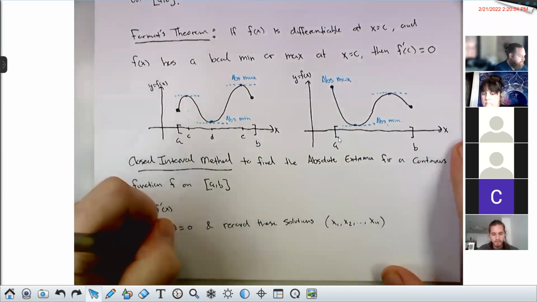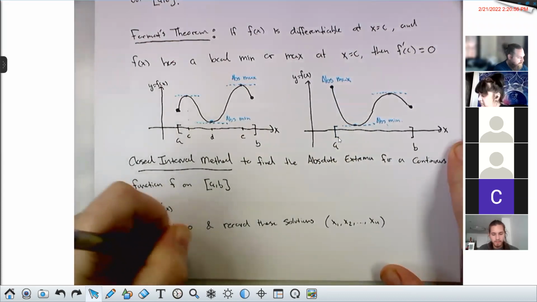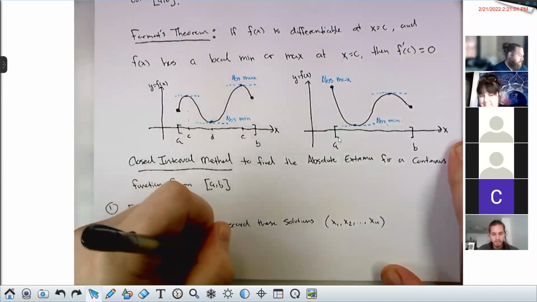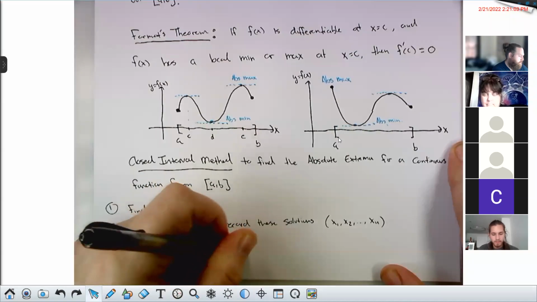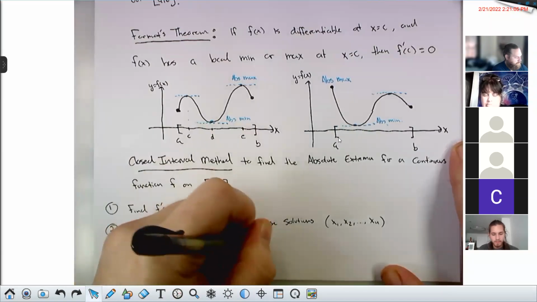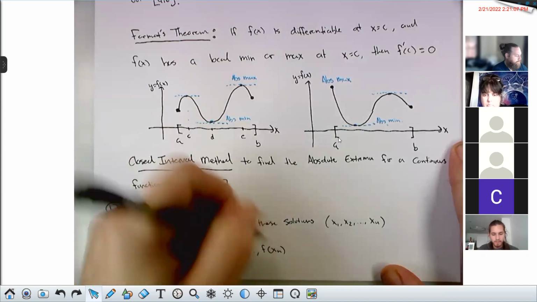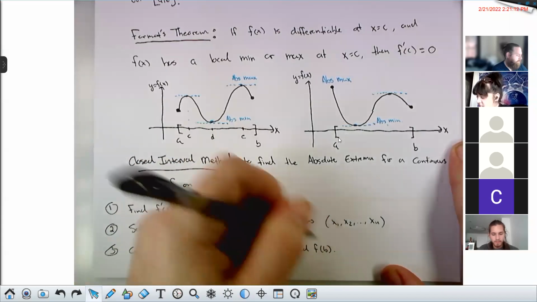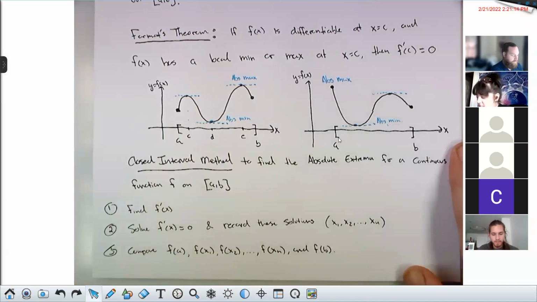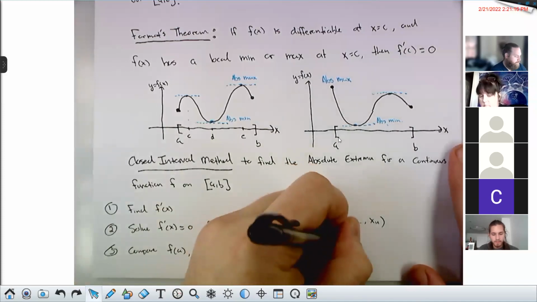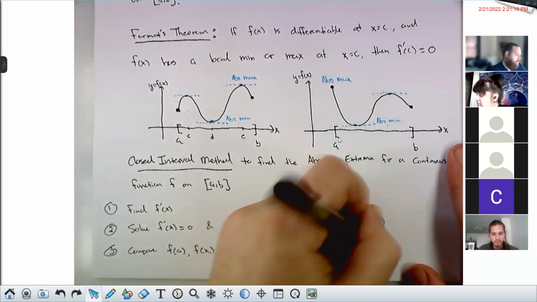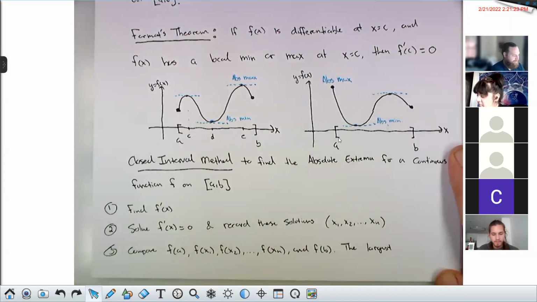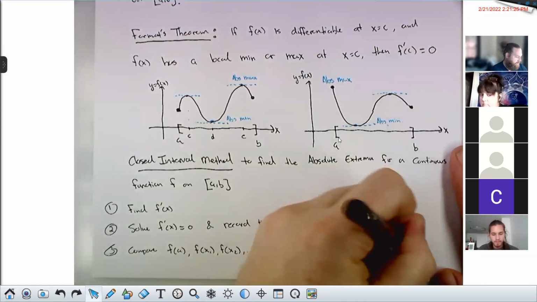So you compare f of a, f of x1, f of x2, all of those places where the tangent line is horizontal, and f of b. The largest is the absolute max, the smallest is the absolute min. It's almost silly how straightforward it is.